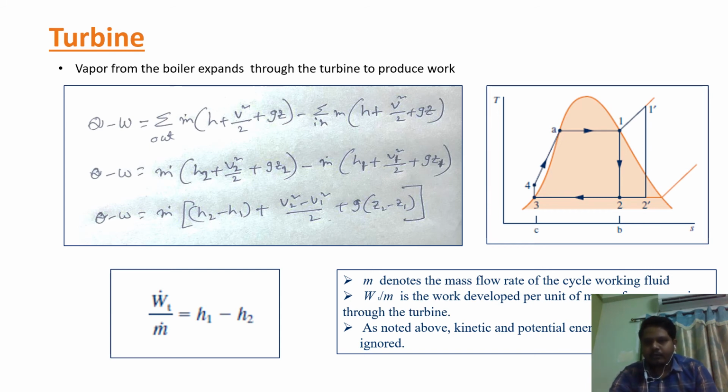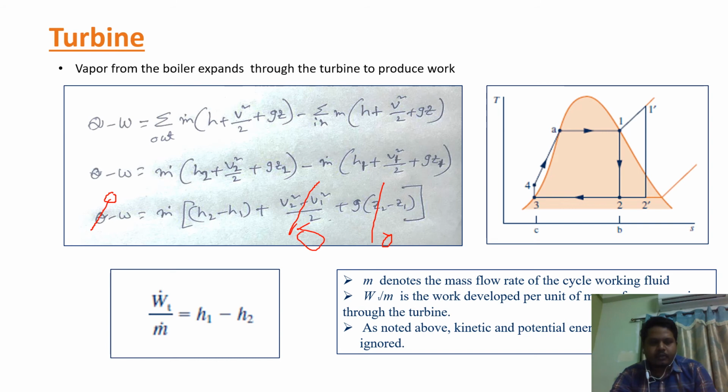Now if you look at process 1 to 2, what is it? 1 to 2 is the isentropic expansion, so it is a reversible adiabatic process. There will be no heat transfer, so Q equals 0. Also, generally we neglect the kinetic energy and potential energy. So what will be the final equation?